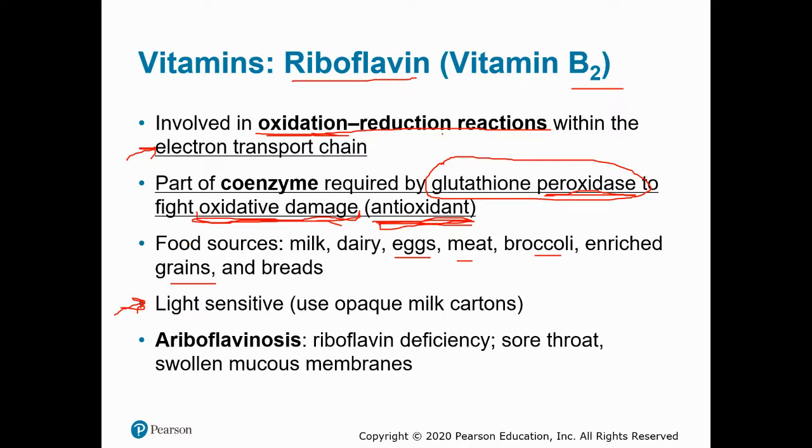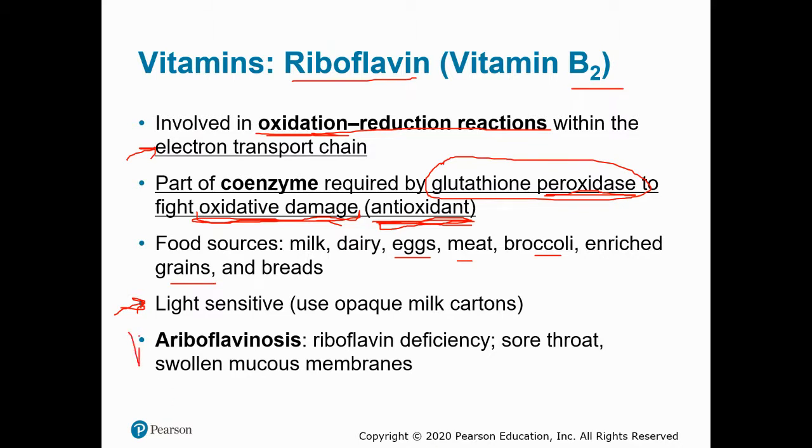So this is why any sort of B vitamin supplement is going to come in an opaque container so that light can't get into it. This is also why milks, which are typically fortified with B2, also come in an opaque container so that light can't get in and destroy the vitamins.